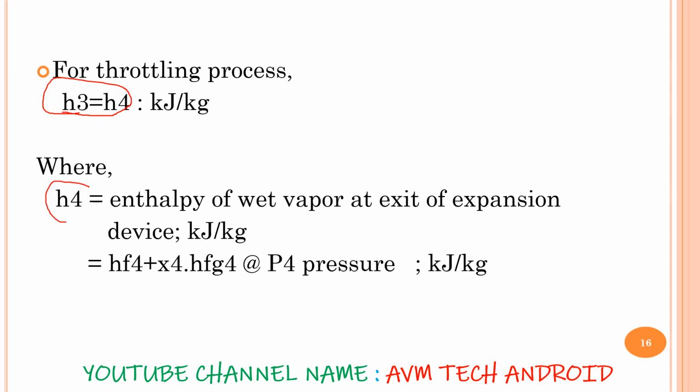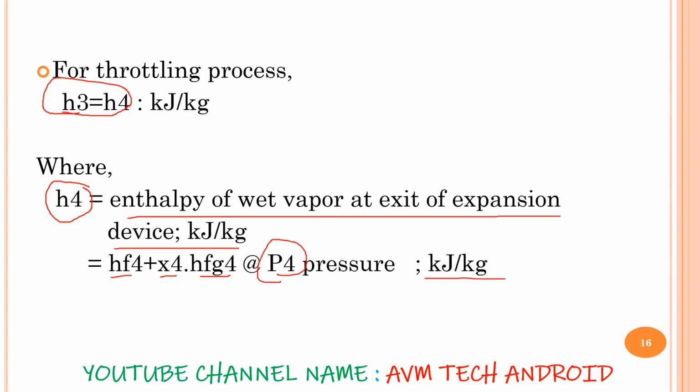And what is H4? That is the enthalpy of wet vapor at exit of the expansion device. How to find H4? That is Hf4 plus X4 into Hfg4 at P4 pressure. The unit of enthalpy is kilojoule per kilogram. How to find this, we will discuss again when we solve the numerical, but at present we have to remember that the 3 to 4 process is isenthalpic.